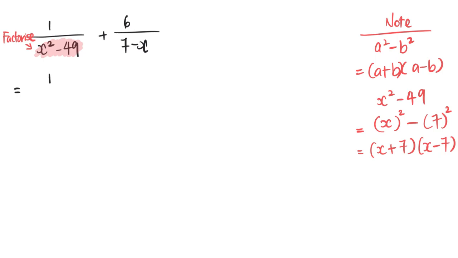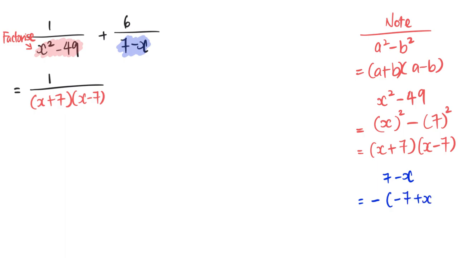So you will see my next line, I will have my x plus 7, x minus 7 here. And next, 7 minus x, I could rewrite it as negative 7 and positive x, because negative times negative will give me back my positive 7.